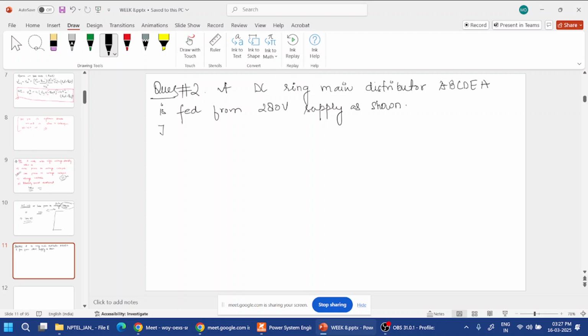The resistance of each section AB, BC, CD, DE, EA is 0.18 ohm per 100 meter.